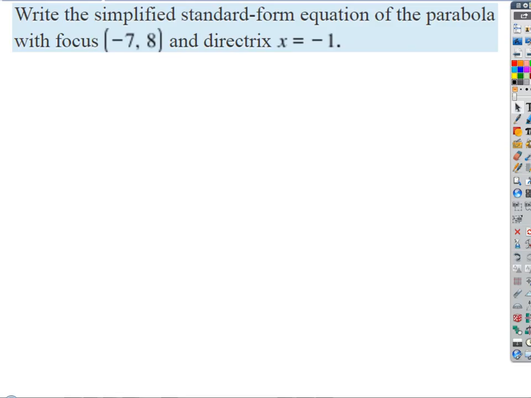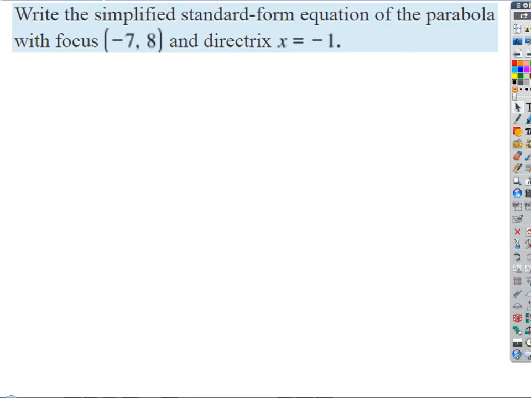What about prima foundation? H and K are just vertex. Okay, here we go.